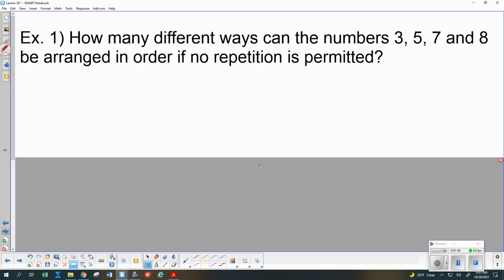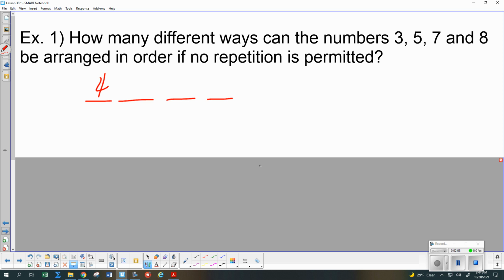So if I have the numbers 3, 5, 7, and 8, so maybe I went to the hardware store and I got house numbers to put on a house, but then I don't really know what order they're supposed to go and how many different addresses could I come up with by switching those digits around. I know it has to be a 4-digit address. How many choices do I have for the first one? 4. Now I picked one and I've used it.